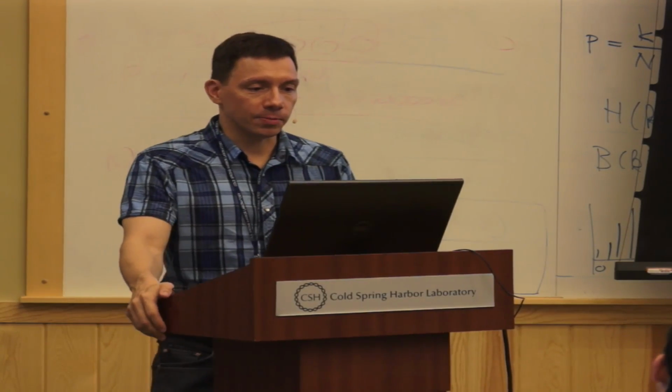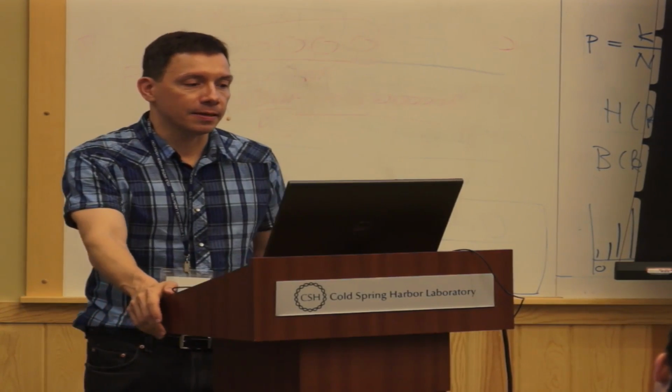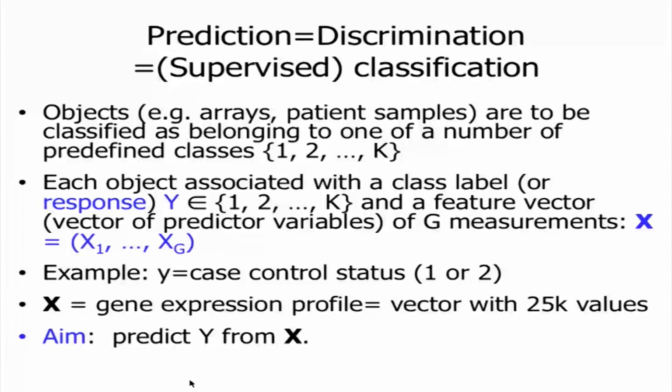When we want to carry out prediction, we assume that we have several objects. For example, an object could be a human subject. And for each object, there's a class label, for example, a response.